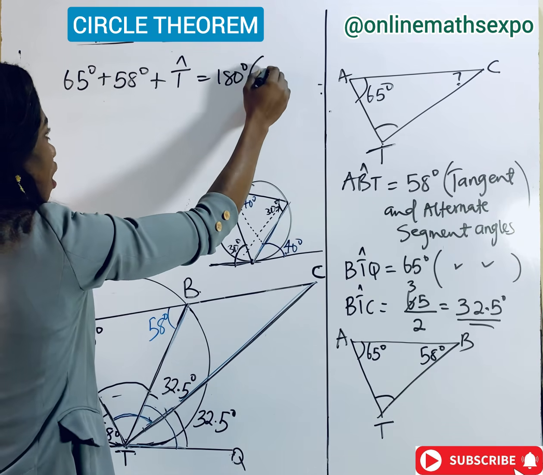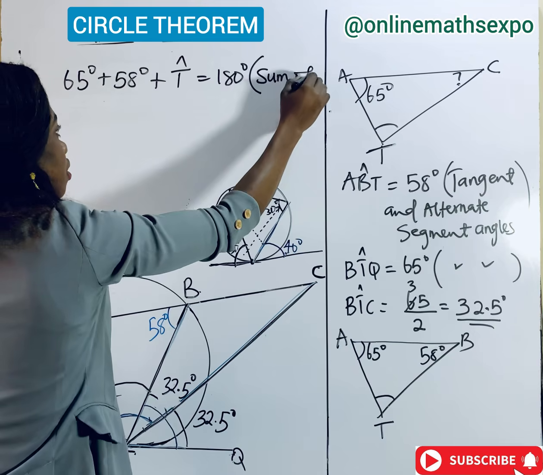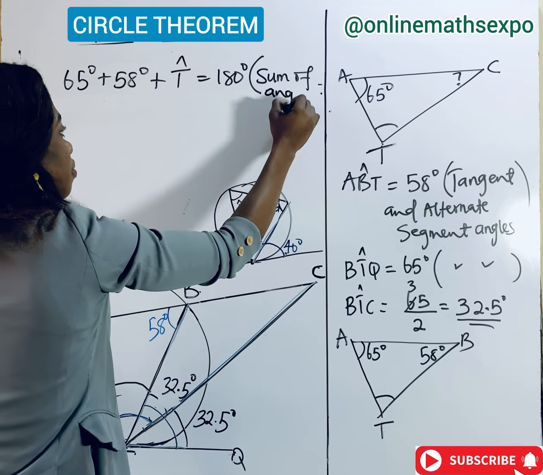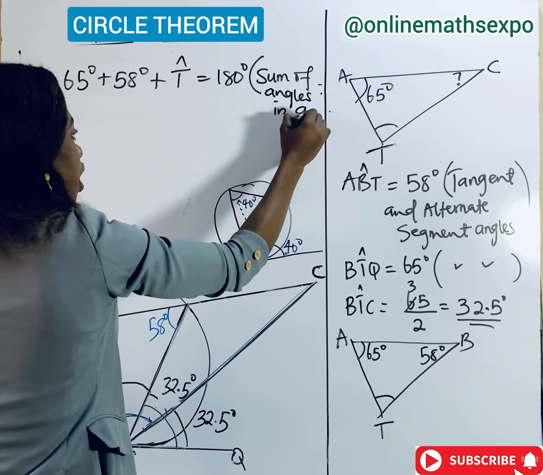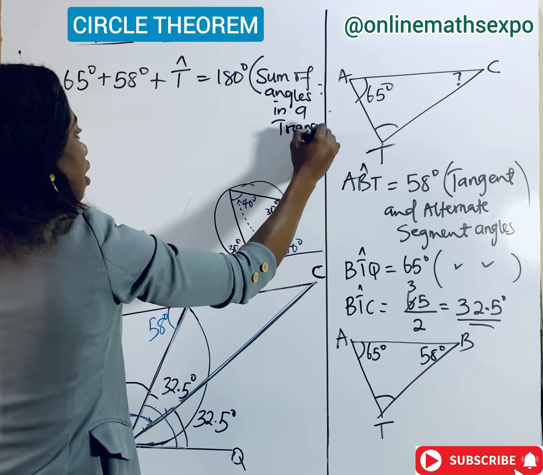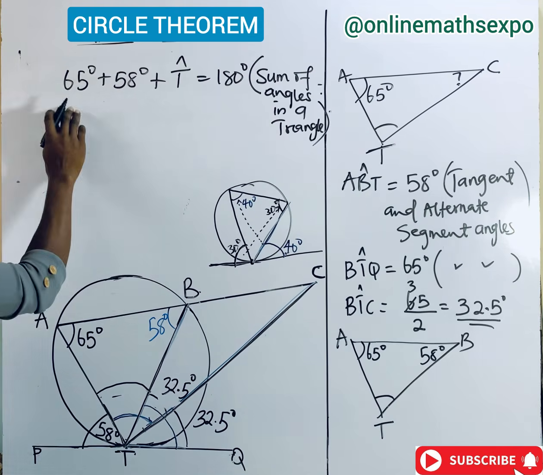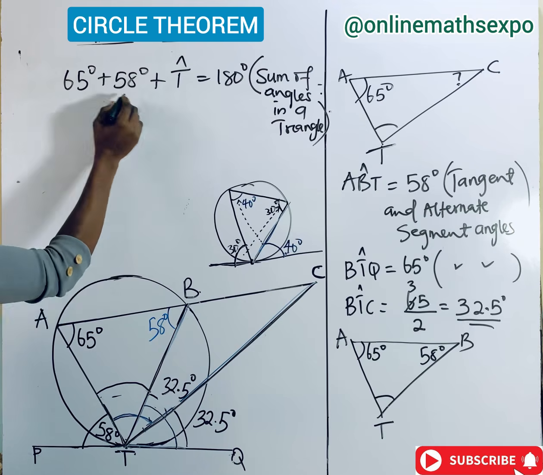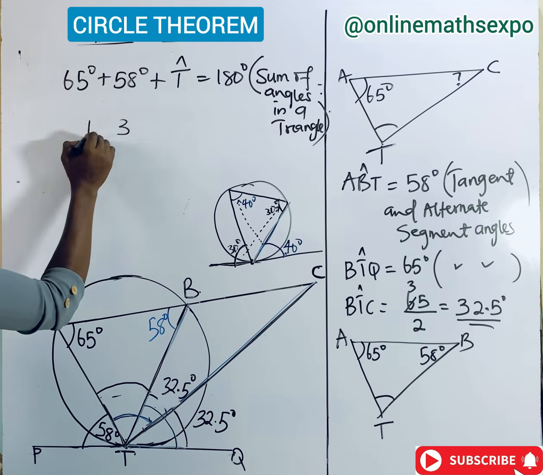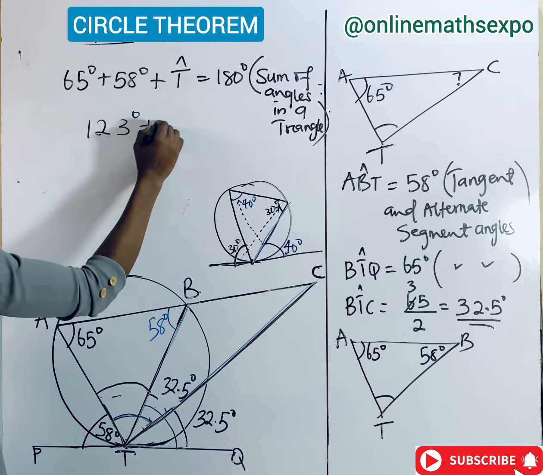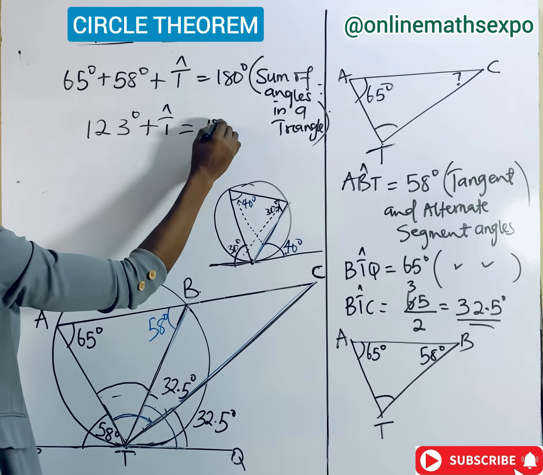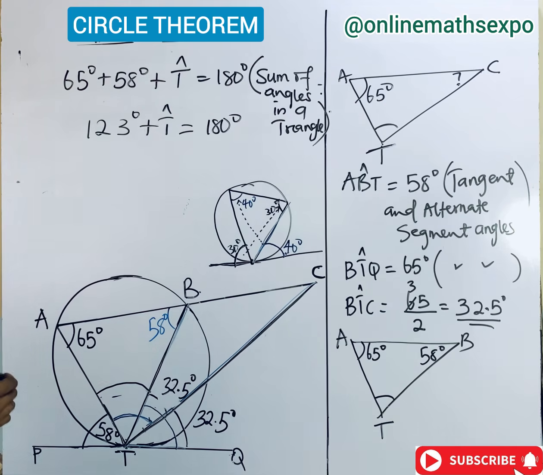Reason is the sum of angles in a triangle. I hope this is clear. So let's add it. If you add this, we have 123 degrees plus T is equal to 180 degrees. I hope this is clear.